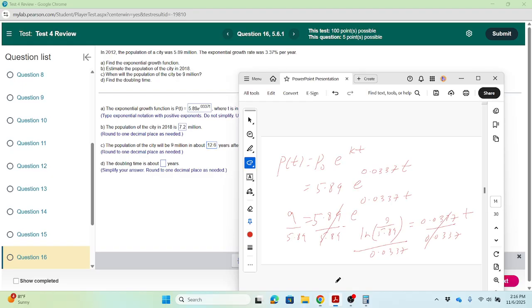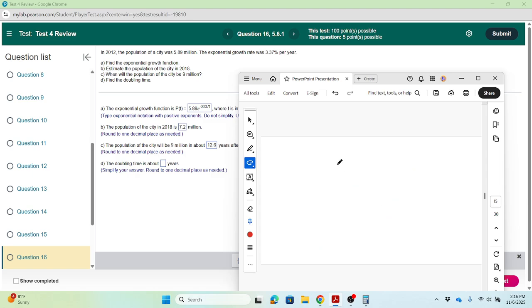To make it double, instead of 9, just take 2 times P of 0. So 2 P of 0 equals P of 0 e to the power 0.0337 t.